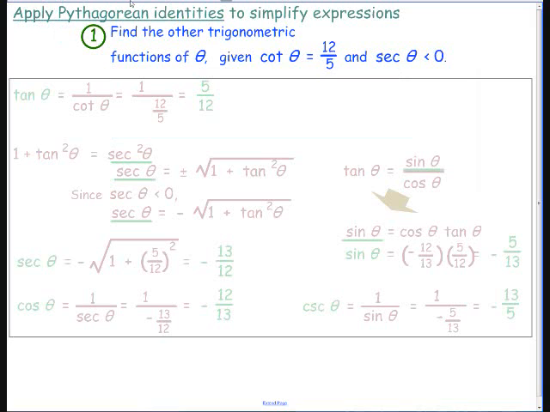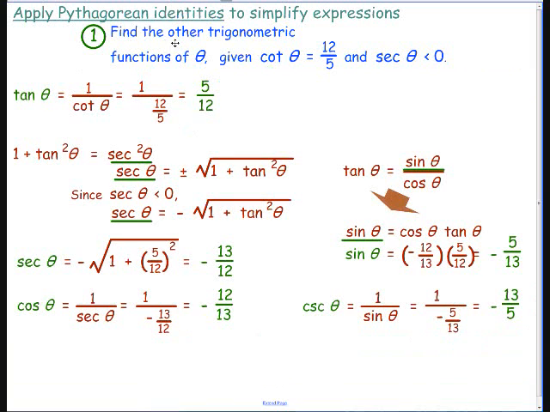Now, how about using these to solve things. If we are given that the cotangent of theta is 12 over 5, and so that we know, let me draw in what quadrant we're in.